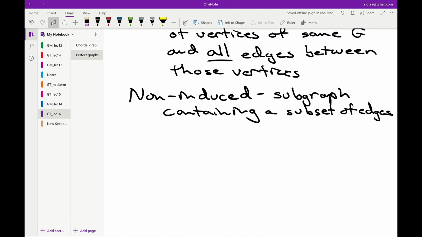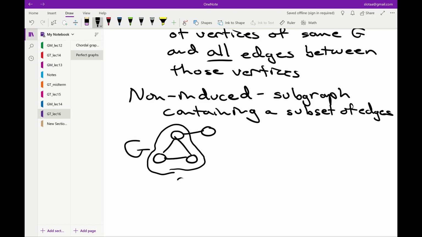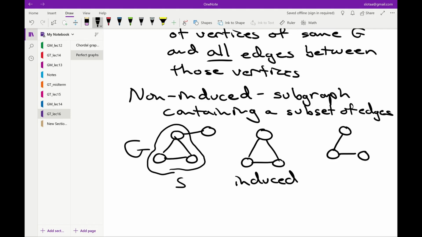So if we consider our graph G here, let's make it a little more complex, something like that. Let's say we can have an induced subgraph if we're considering some vertex set S here, containing all edges, or a non-induced subgraph containing some subset.